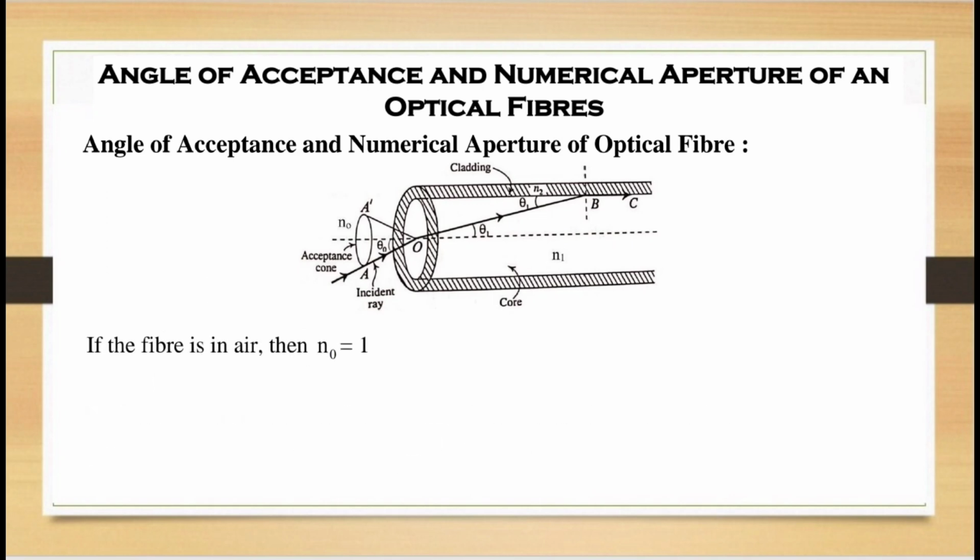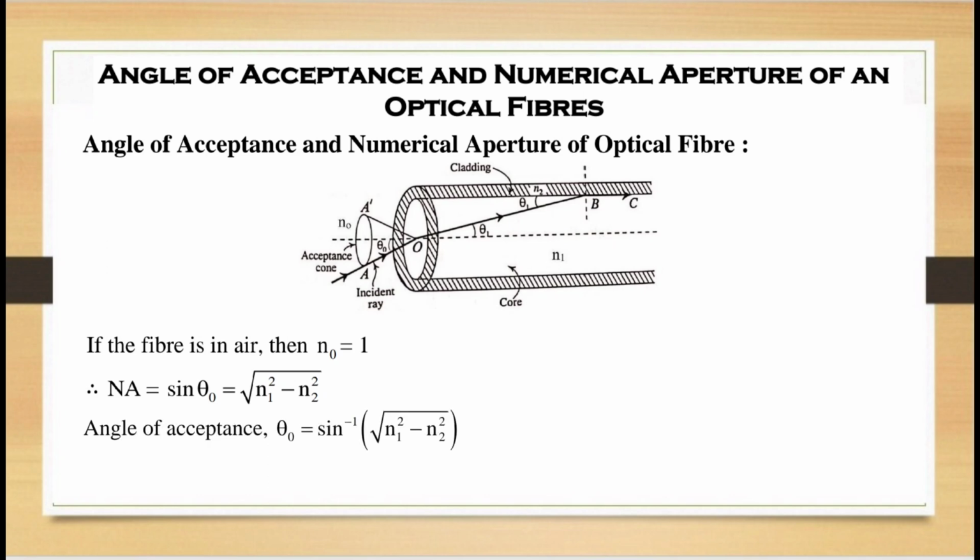If the fiber is in air, then n0, that is refractive index of air, is 1. Therefore numerical aperture becomes sin θ0, which equals square root of n1 square minus n2 square. And angle of acceptance is θ0, which equals sin inverse of square root of n1 square minus n2 square. This is the required expressions for angle of acceptance and numerical aperture of an optical fiber.